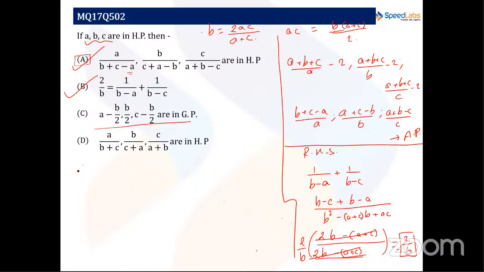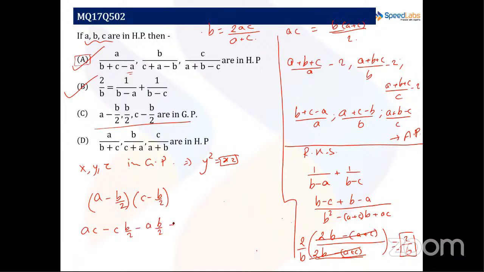For GP, if we have x, y, z in GP, then y square equals xz. So let's multiply these two terms: (A minus B by 2) into (C minus B by 2). We will have AC minus C into B by 2 minus A into B by 2 plus B square by 4. So that is AC minus (A plus C) into B by 2 plus B square by 4.